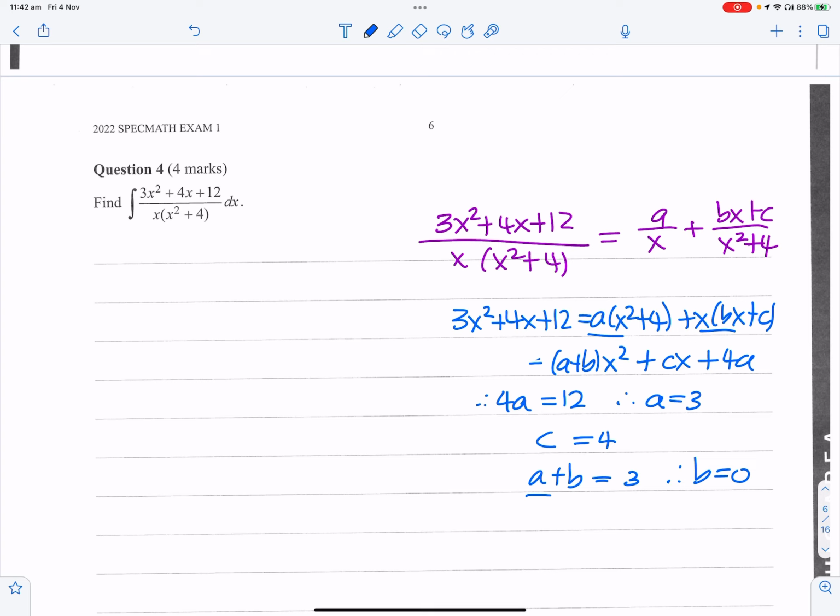Okay, so this is the same as 3 on x, plus (0x plus 4) on (4 plus x squared), I'm going to write it as, because then it will be a tan question.